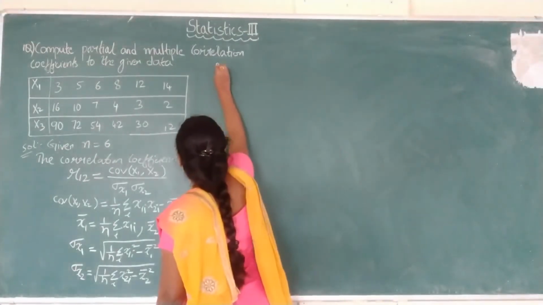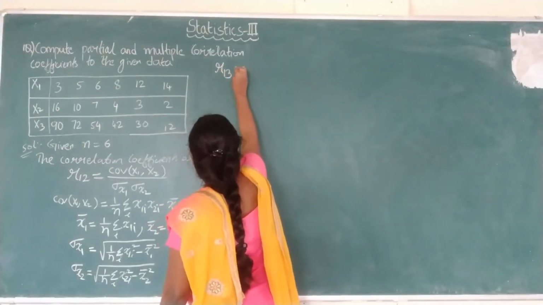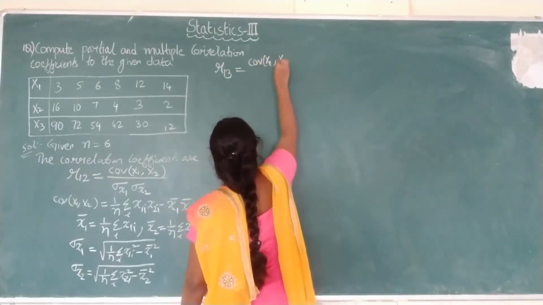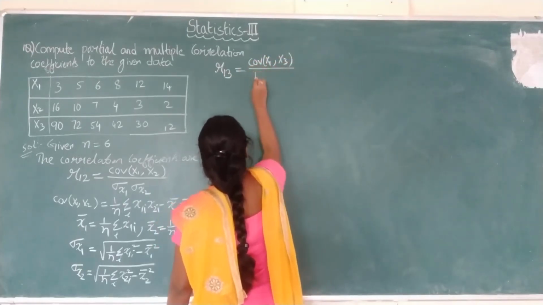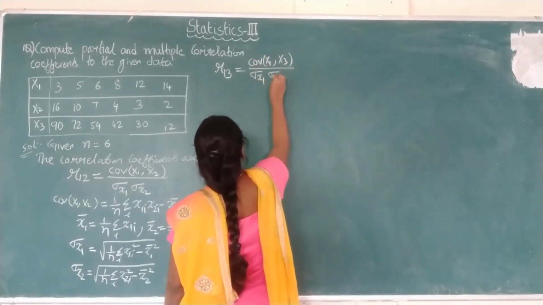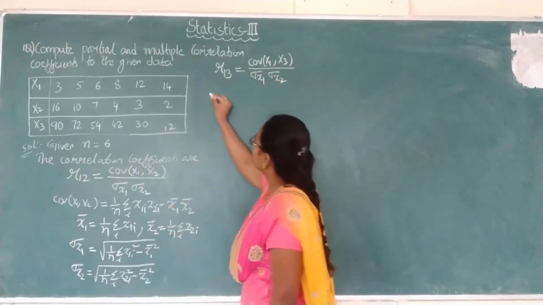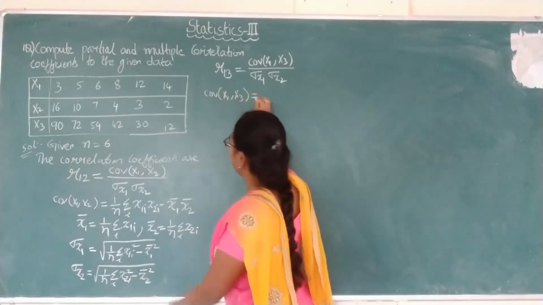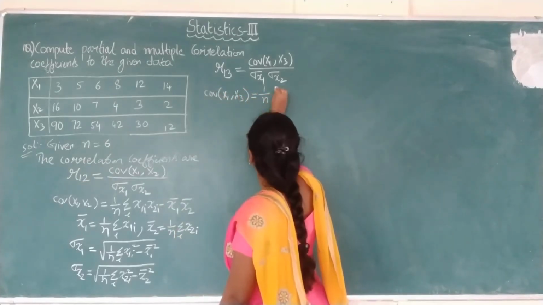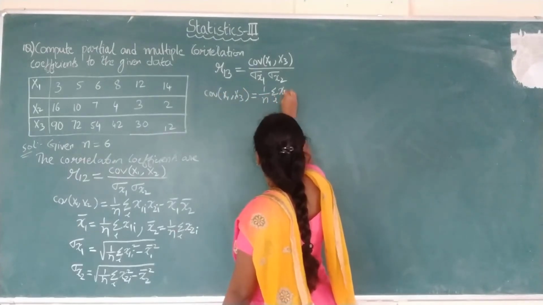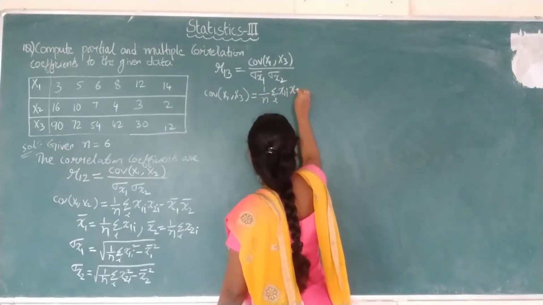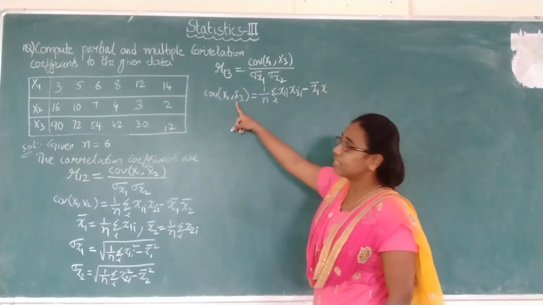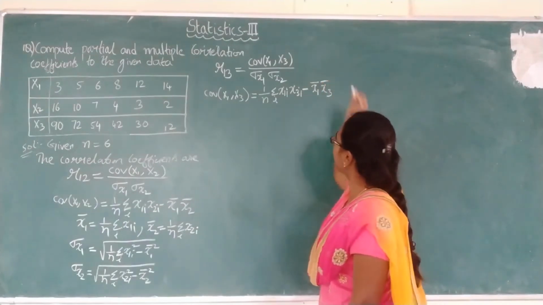Similarly, you have to find R13. What is R13? Covariance of x1 comma x3 divided by sigma x1 into sigma x3. The covariance of x1 comma x3 is given by the same formula: 1 by n summation over i of x1i into x3i minus x1 bar into x3 bar.